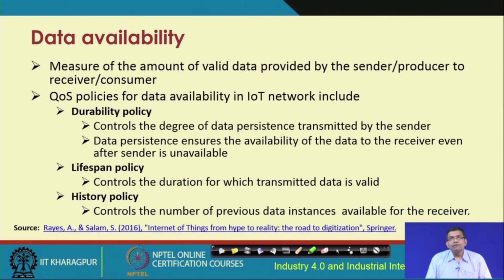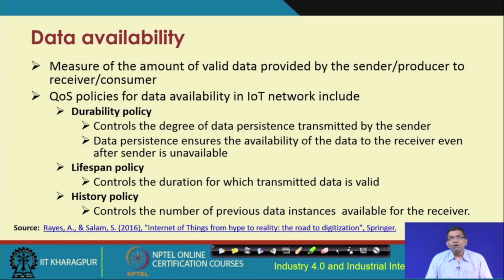Durability talks about the control of the degree of data persistence transmitted by the sender. Data persistence is important, that means ensuring the availability of the data to the receiver even after the sender is unavailable. So, the persistence of the data at the receiver is a very important durability policy consideration.